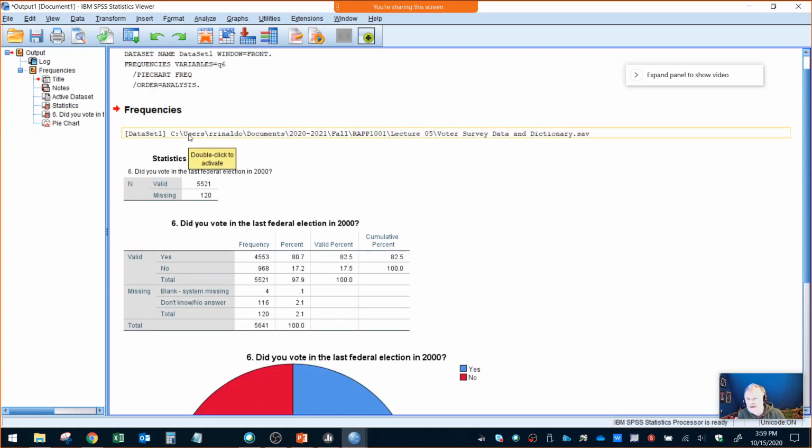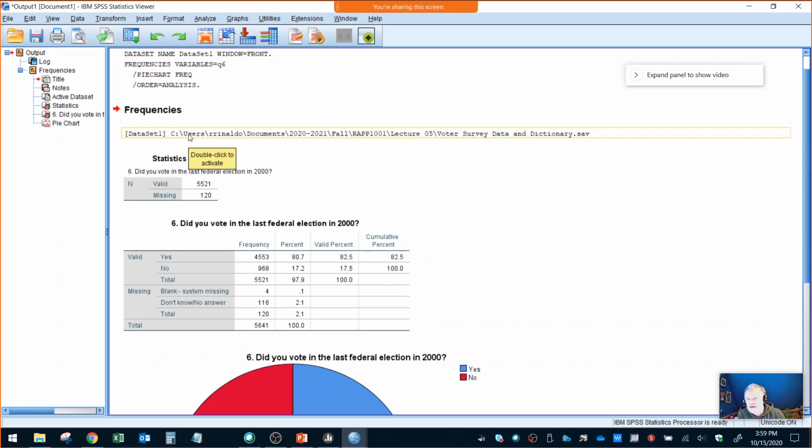Now, you can see here the syntax up here. We talked about this a couple weeks ago in stats. The syntax is what SPSS actually ran, because SPSS is a syntax-based language. As we said last week, it's very batch-based: you write a whole series of commands in SPSS syntax language, and then you execute those commands, and it runs a procedure.